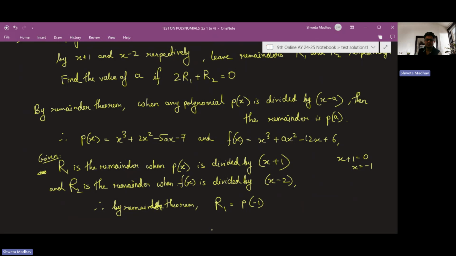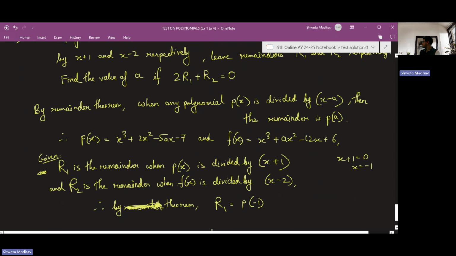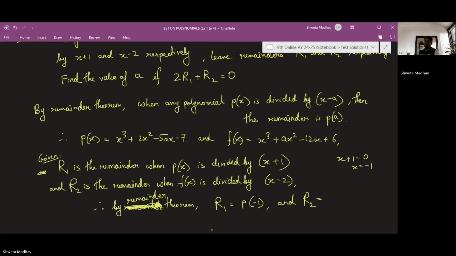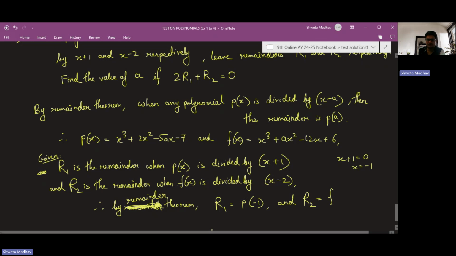So by using the remainder theorem, we can say that R1 is P of minus 1 and R2 will be f of 2.